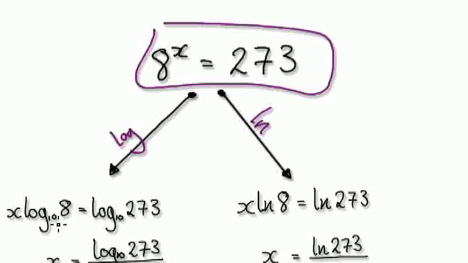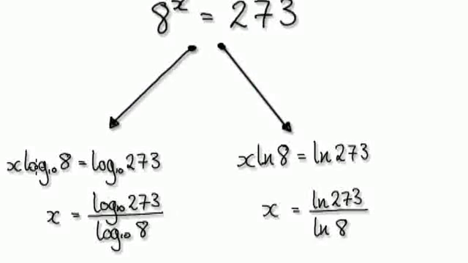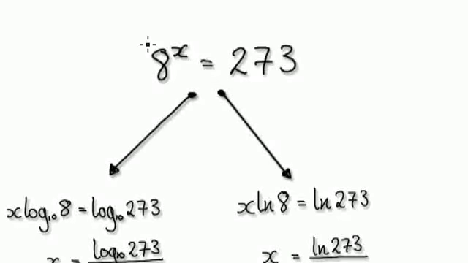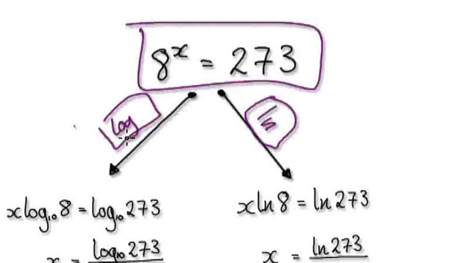When you press the log button on your calculator, you're actually performing log base 10. So I'm showing you that you can solve this using either the ln button or the log button on your calculator.